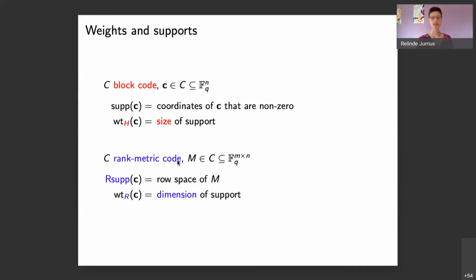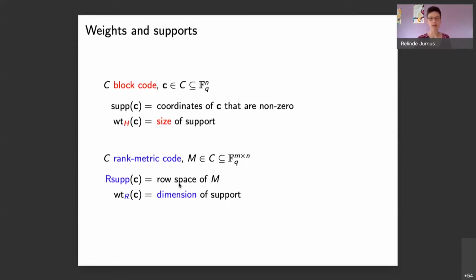For the rank metric case, I'm considering a matrix M, which is an m times n matrix. And now its rank support is going to be the row space of this matrix. Why does that make sense? If I look at the support of a vector, I take all positions that correspond to non-zero elements, and I take together all these elements to form a subset.